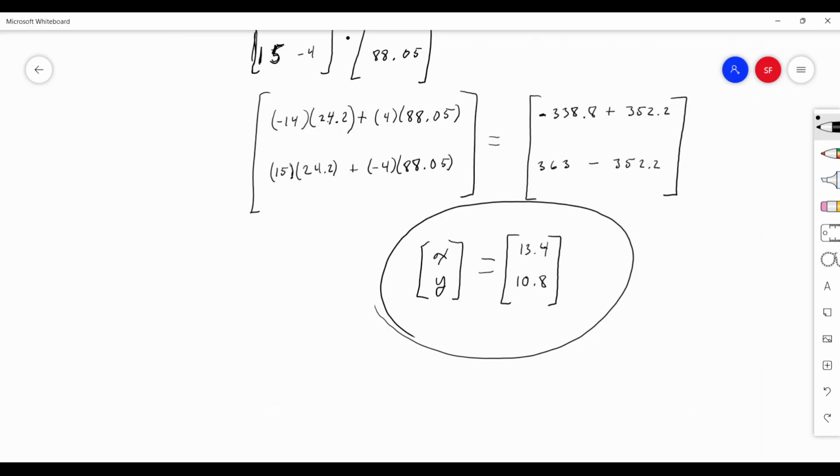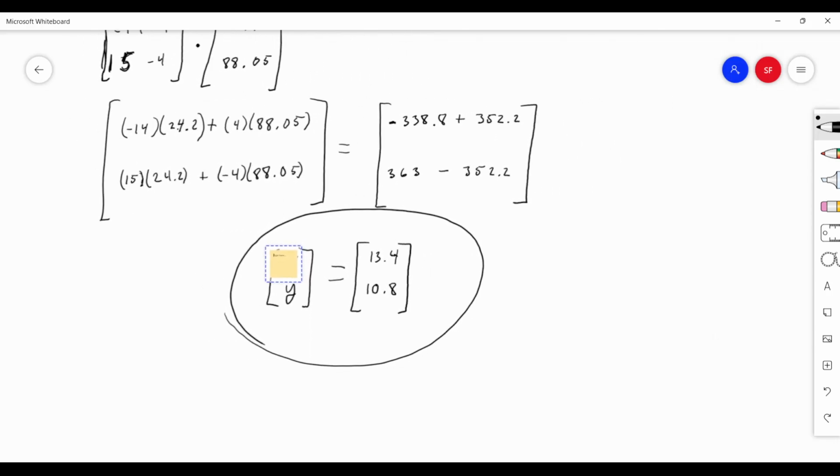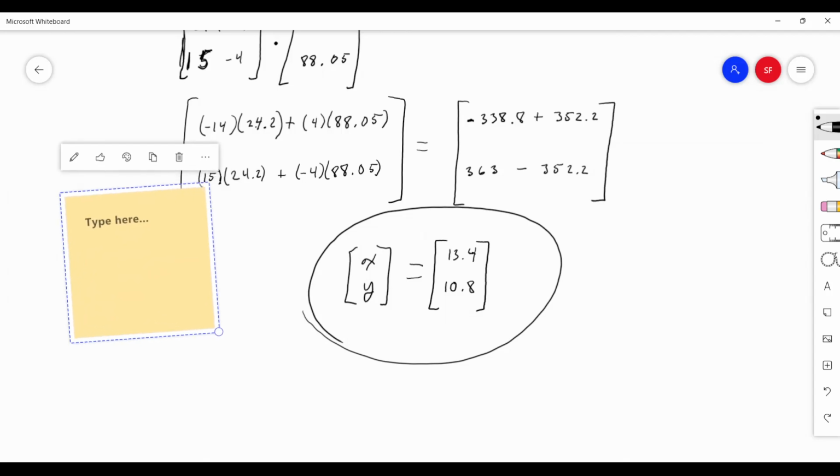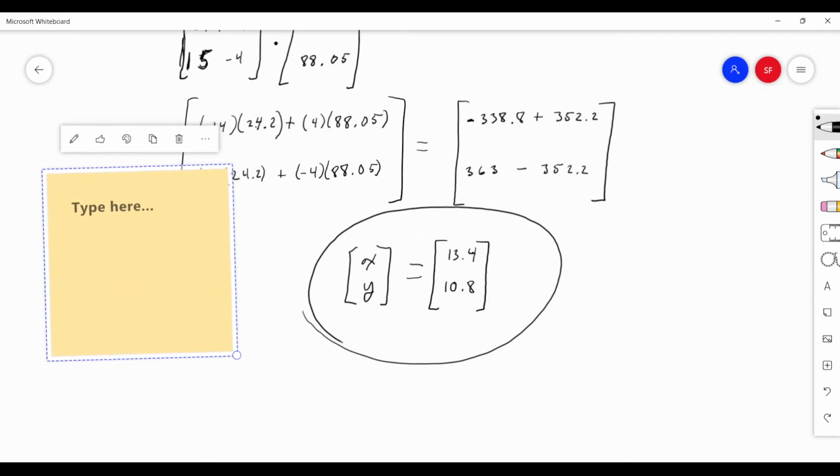Bless them. My goodness. It is really long. It's extremely long. Are you excited about it? No.